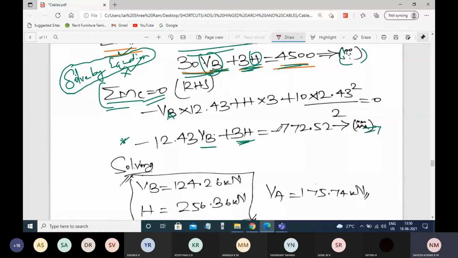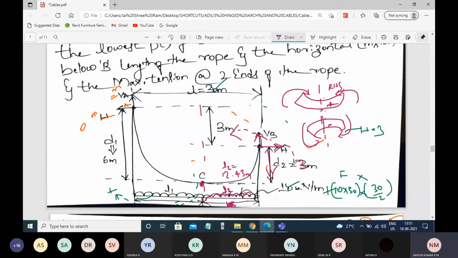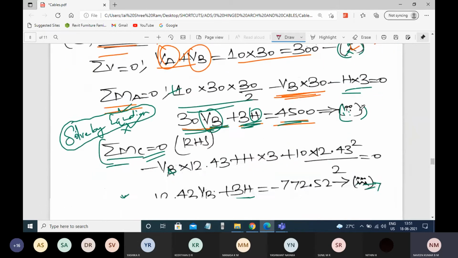So that does not make a difference in getting the value of VB as well as H. Okay, so 12.43 times of VB as positive, and 3 times of H. So H is acting over here, and to reach C you require a perpendicular distance of 3 meter, and you see the direction, so it is clockwise, so minus 3H, right? So minus 3H.